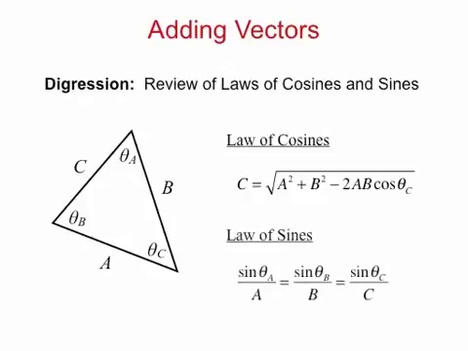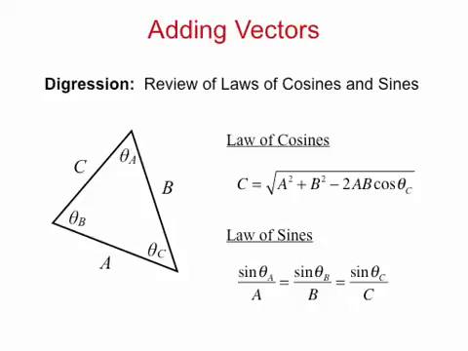The law of sines tells us that the sine of any of the angles in the triangle divided by the length of the opposite side is the same for any pair, or more specifically, sine theta A divided by A is equal to sine theta sub B divided by B is equal to sine theta sub C divided by C.